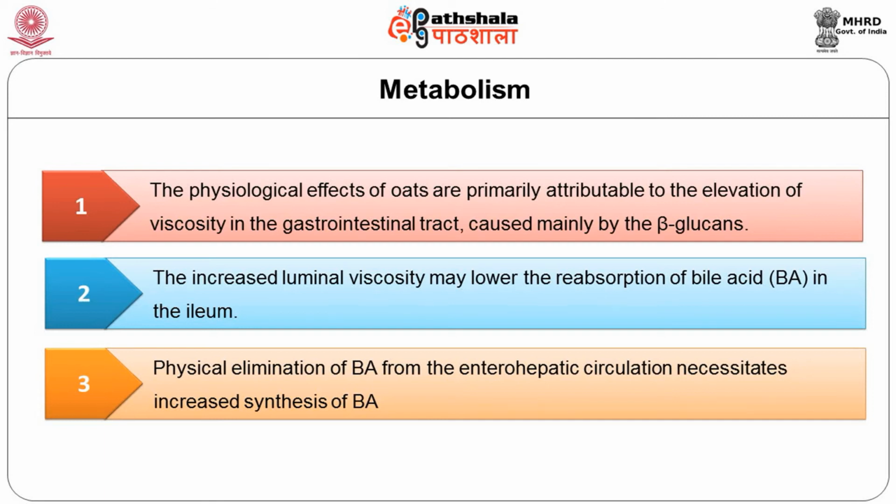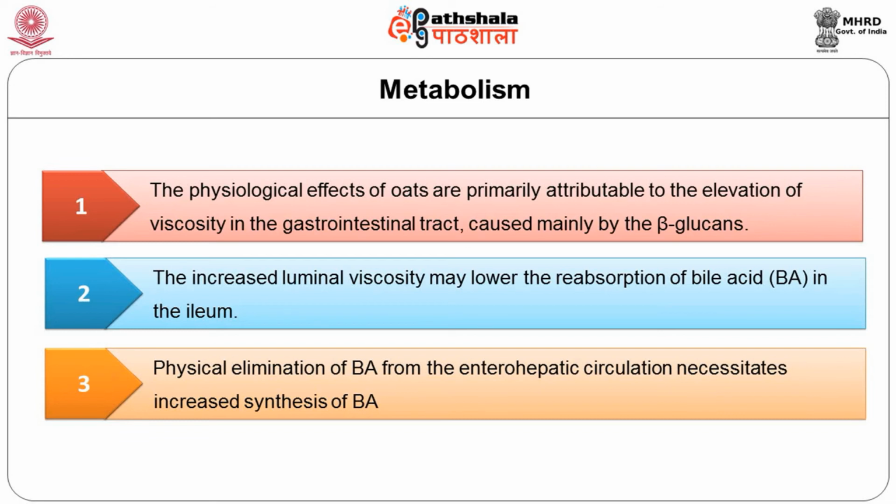The elevation of viscosity also slows intestinal transit and delays gastric emptying and intestinal absorption of nutrients such as digestible carbohydrates, thereby reducing postprandial hyperglycemia and insulin secretion. These actions in turn increase satiety and promote weight loss.